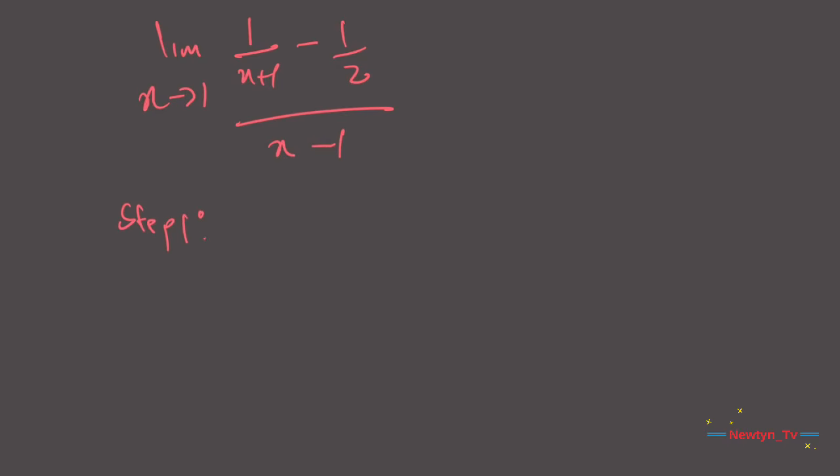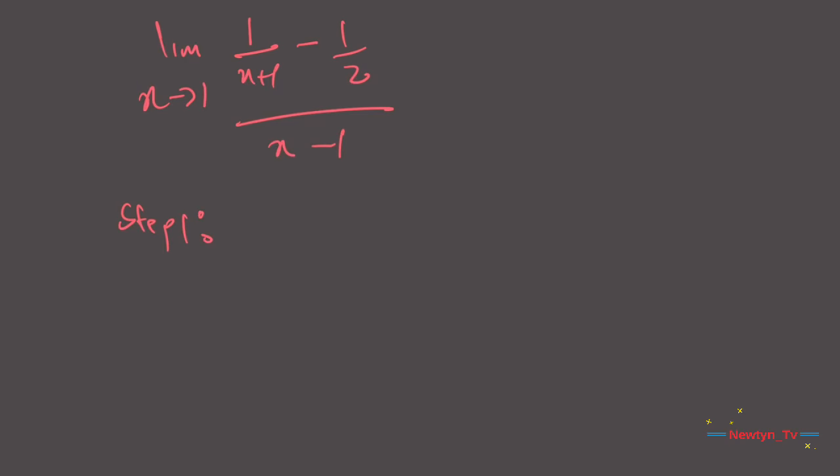In this example, we have the limit of 1 over x plus 1 minus 1 over 2, all divided by x minus 1, as x approaches 1. Let's look at step 1. You can see that this function has the form of 0 over 0 at 1.